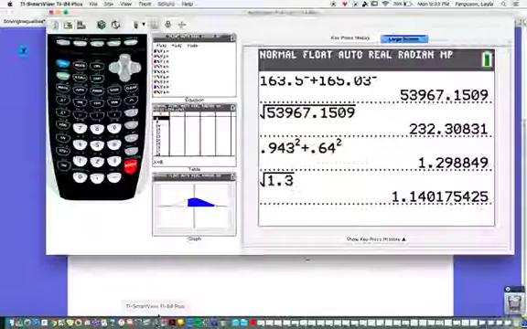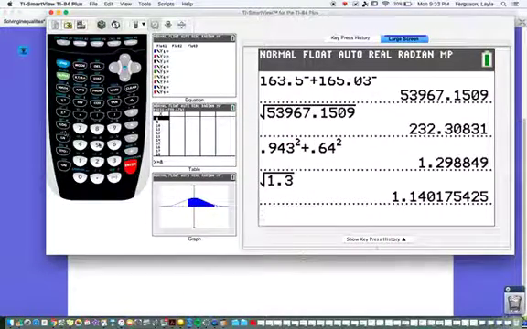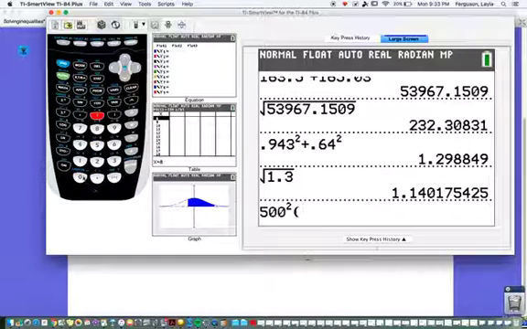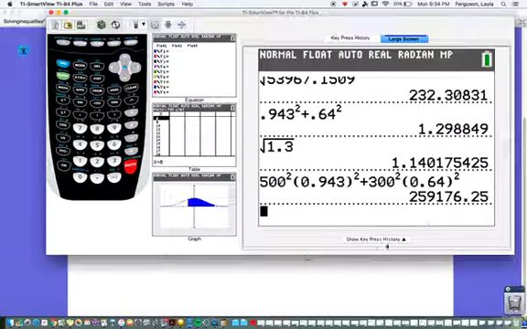So whenever you work that out, that would give you 259,176 and a quarter.